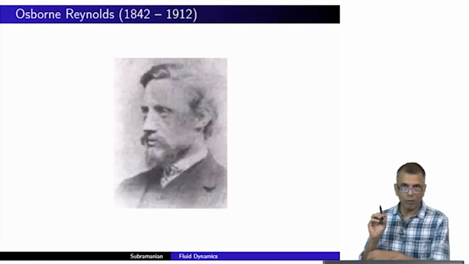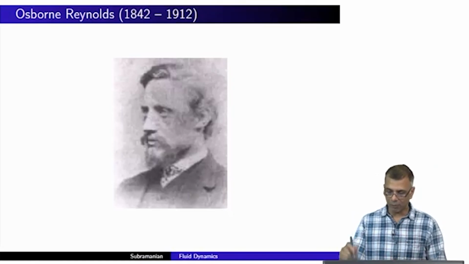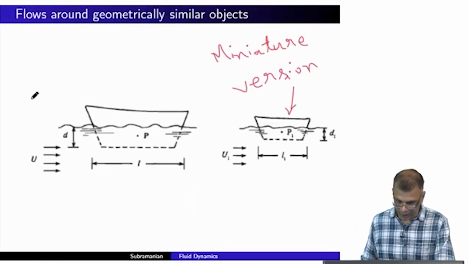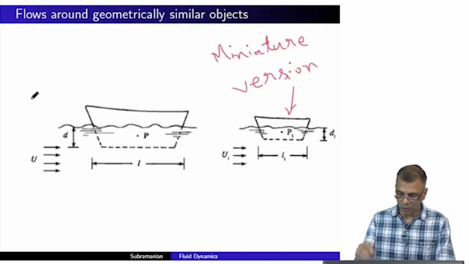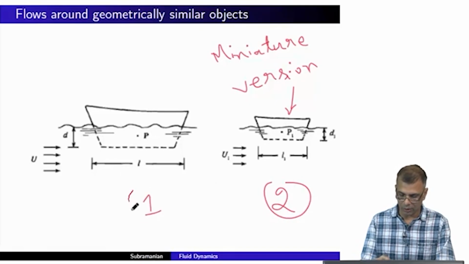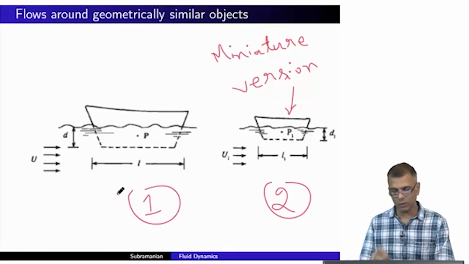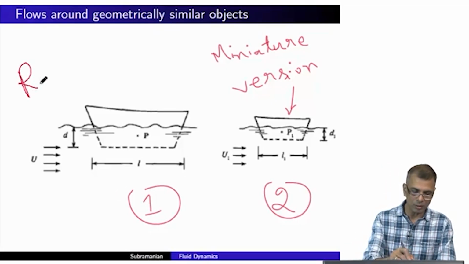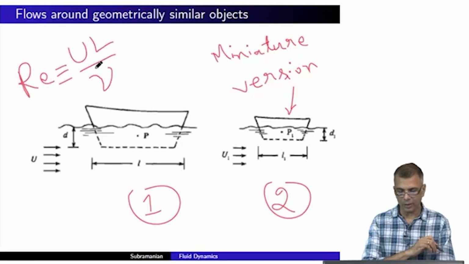Having said that, before we conclude this particular part, I just want to emphasize one thing. We kept saying that the Reynolds number in the two situations, situation 2 and situation 1, has to be the same. Now remember, what is the definition of the Reynolds number? The Reynolds number is, right?